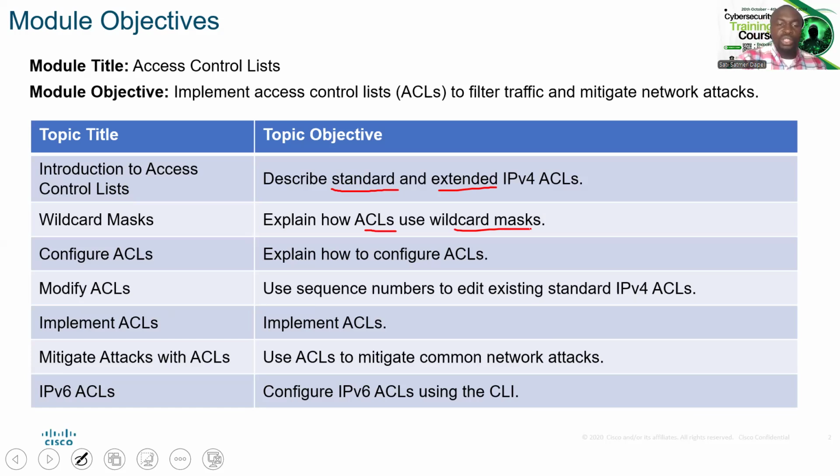Then we will also see how to configure access lists. How do you modify the access list? How do you implement the access list? And how do you mitigate attacks with access lists? Then IPv6 access lists. Like I said, we'll look at part of it today, and tomorrow we'll look at the other part.